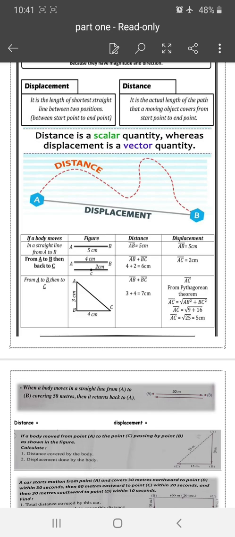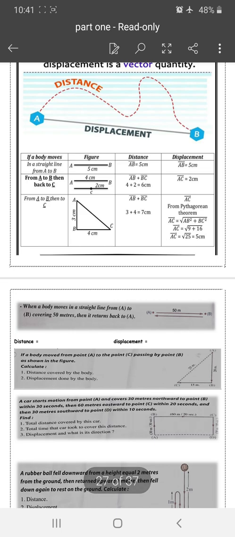Number 2, distance and displacement. What is the difference between distance and displacement? If we have 2 points, point A and point B, now we need to move from point A to point B. We have 2 ways. We can walk in the shortest straight line between A and B, or we can walk in a curved line between A and B. If we take the shortest straight line between A and B, it is considered the displacement.